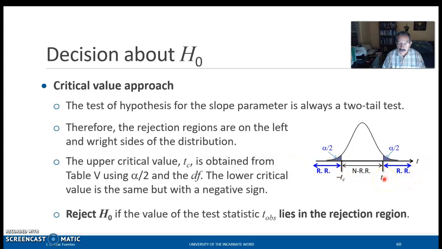Then we use the symmetry of the t distribution to find the lower value, which is just the negative of the upper value. Then if the t observed, the value of the test statistic, falls in either rejection region, we reject the null hypothesis. This is the same rule that we have been using since module 8.